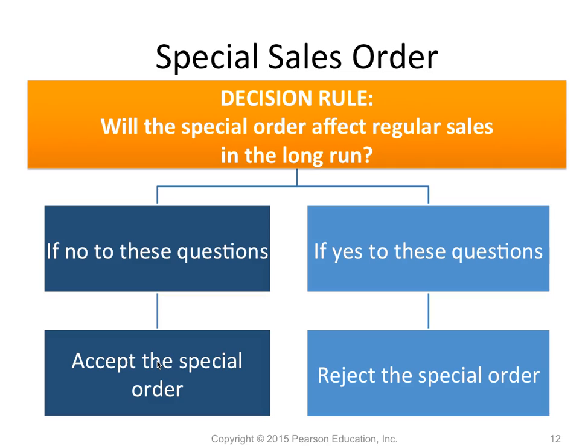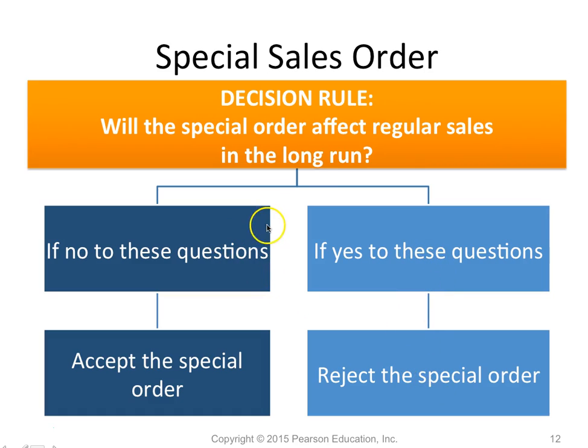So again, further, will this special order affect the regular sales in the long run? This will be another decision rule. If it says yes, and it's going to affect our regular sales in the long run, then we're going to reject that.